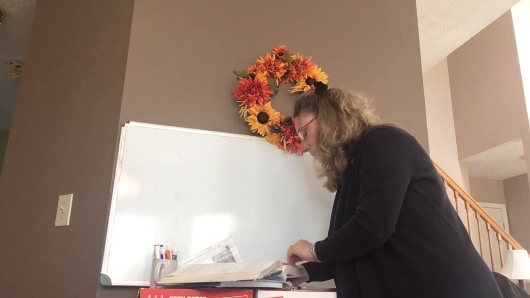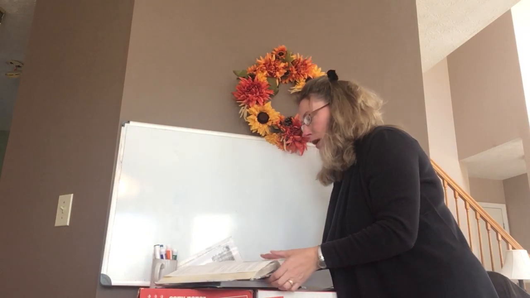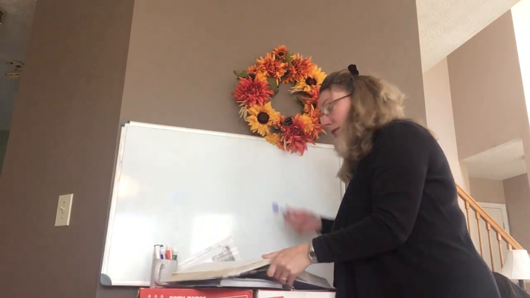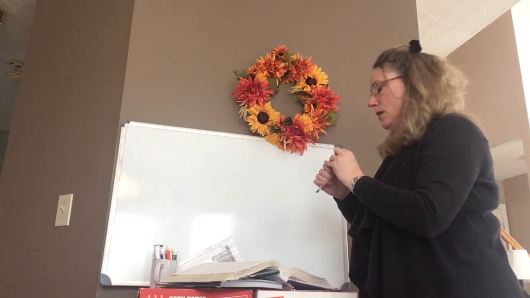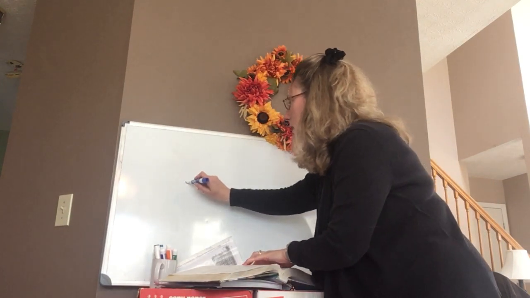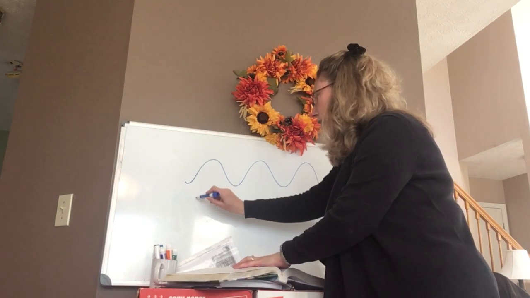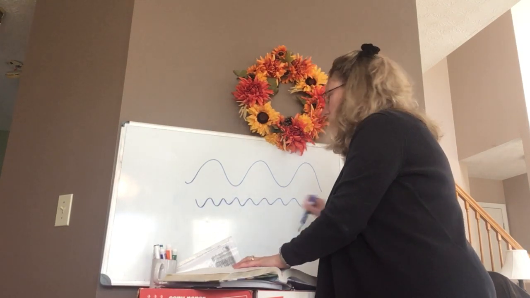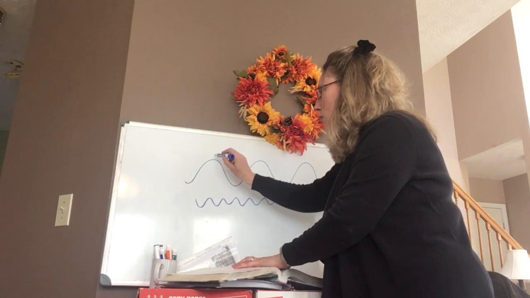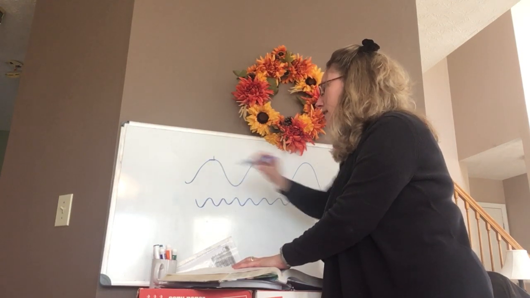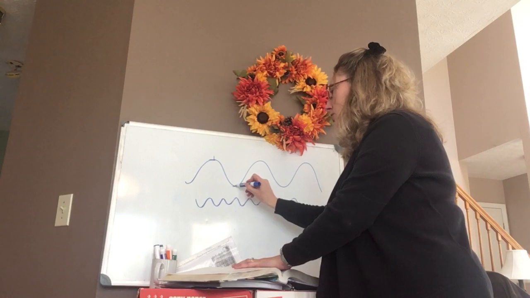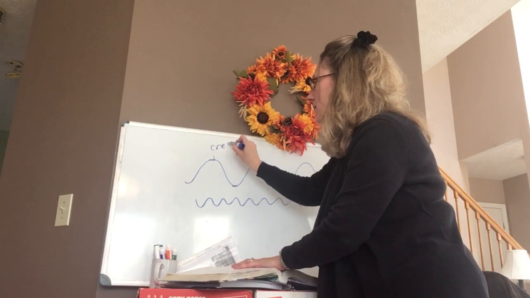So sometimes light acts like a wave. So what is a wave? So here's a wave. This is called the crest of a wave. The bottom is called a trough. So here's a crest.